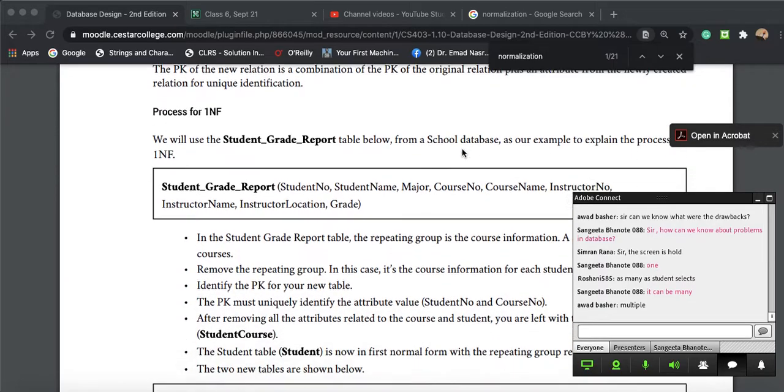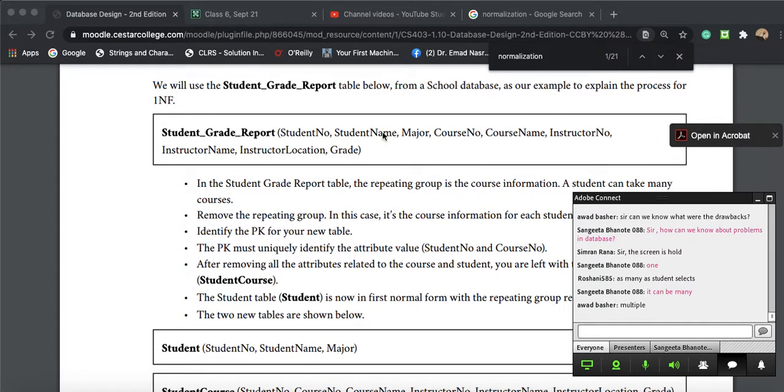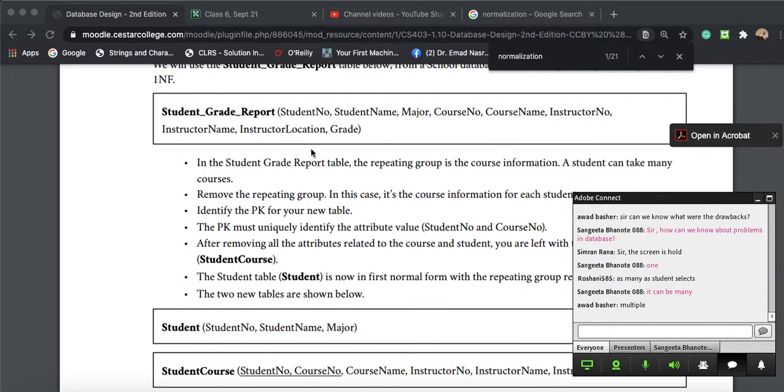When we have such a relation, this relation is not achieving the first normal form. It's not in the first normal form. If you have this table, then definitely it's wrong. Definitely it is a bad design. So the question, how can we know if our design is bad?